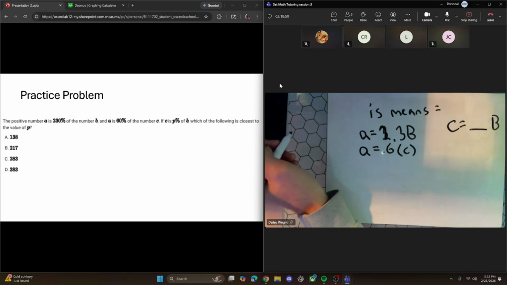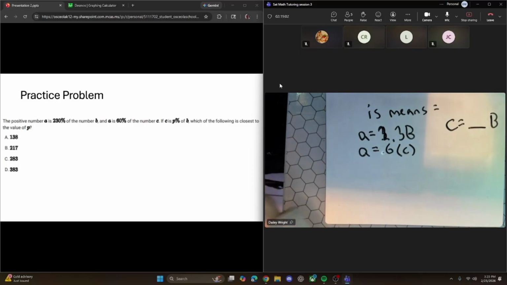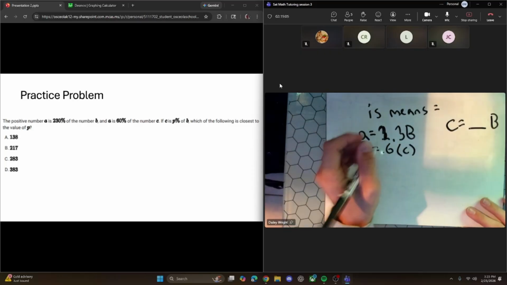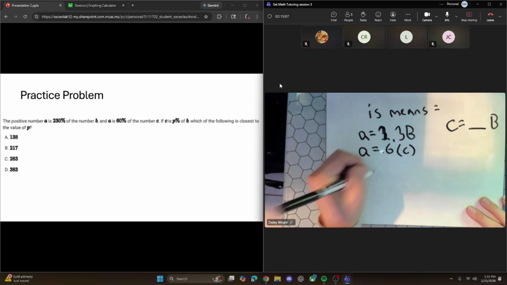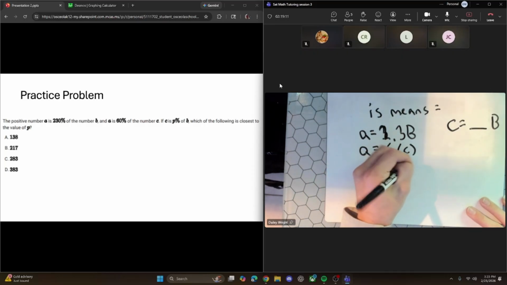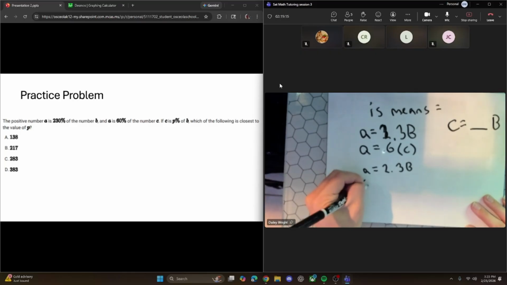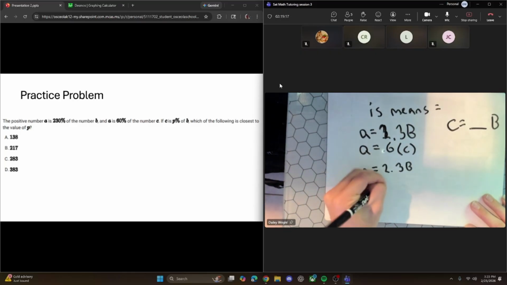So what we would have to do to get it into this form is plug one of these in. Since A equals 0.6 times C and A equals 2.3B, you can plug either into the equation. So we'll just plug in A equals 0.6 times C to that top equation. So A equals 2.3 times B, so let's plug in 0.6 times C. 0.6 times C equals 2.3B.